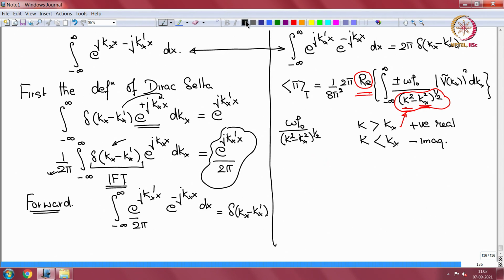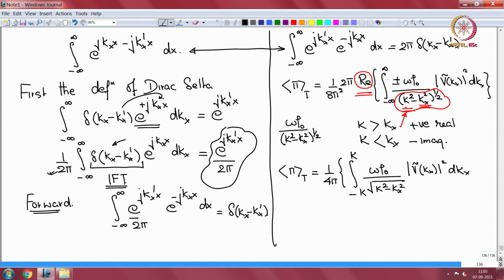So we will get, with change of limits, 1 over 4 pi, real is removed now, integral, kx is bounded by k, and we take the positive sign, omega rho 0 by square root of k square minus kx square, and magnitude V tilde kx whole squared dkx.